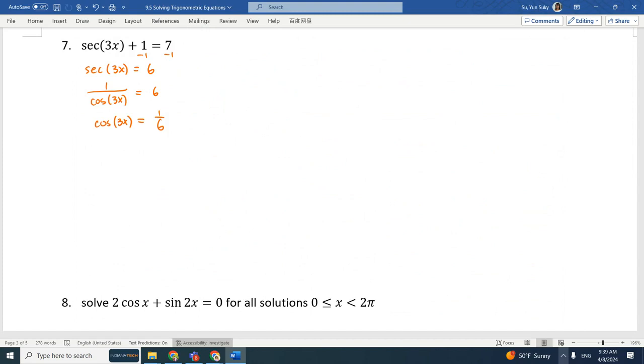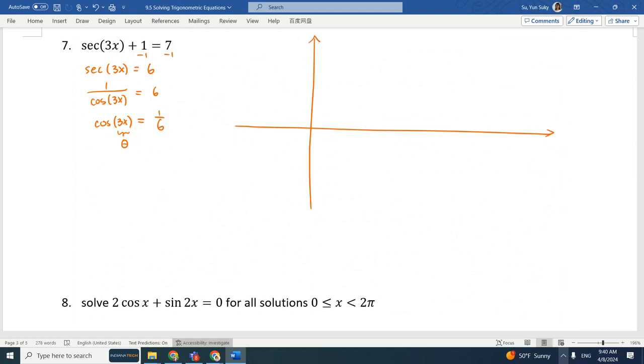All right. If the angle is not just x, I would like to put it as a theta. Okay? And then we need the cosine graph. What is the cosine graph?